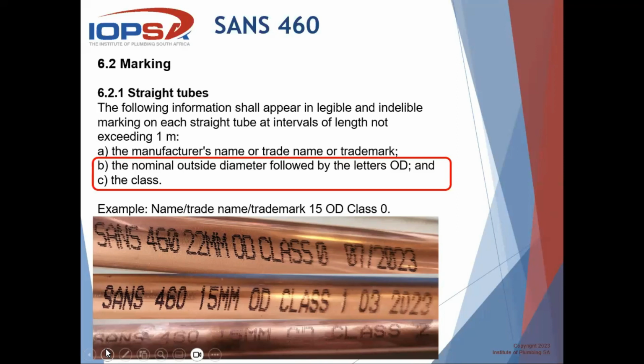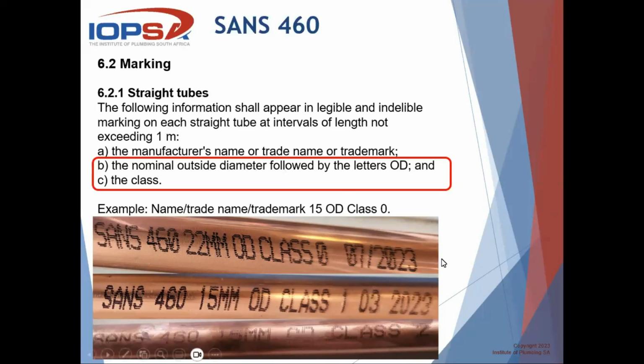So in terms of that standard, if we look at section 6.2.1, it says the following information shall appear in legible and indelible marking on each straight tube at intervals of a length not exceeding 1 meter. And I think once again the manufacturer's name or trademark will be there. But more important for our purposes and for our audience is the nominal outside diameter of the pipe, followed by the letters OD, and the class of that pipe, as displayed in the pictures shown here.